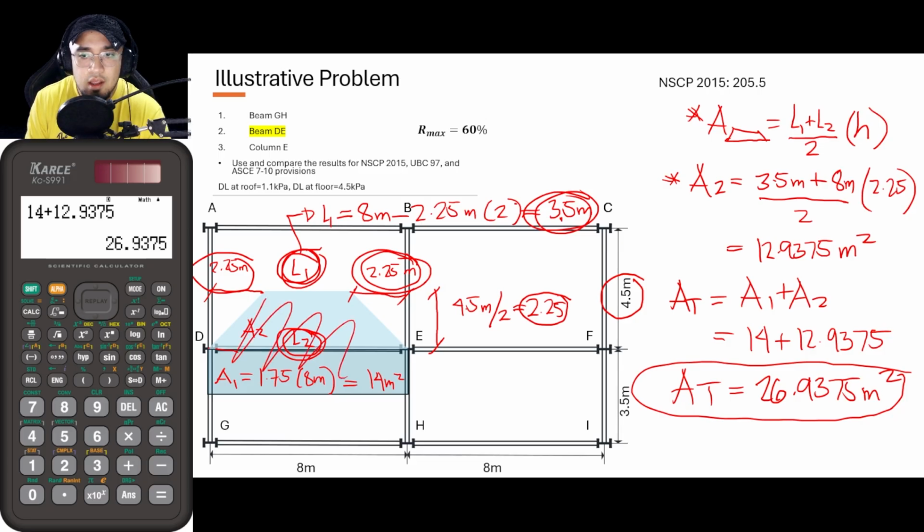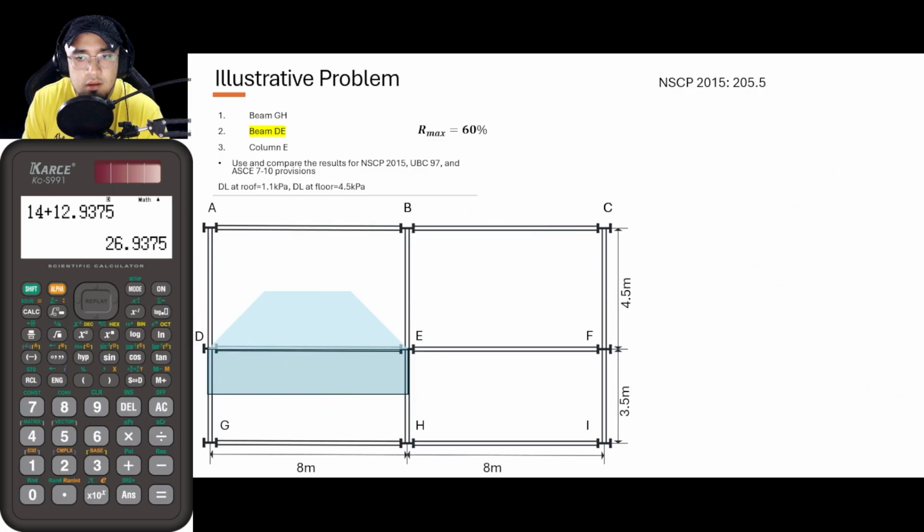Take note that this is now the tributary area of this trapezoid here. Let me just erase everything. So again, the tributary area is 26.9375 square meters.